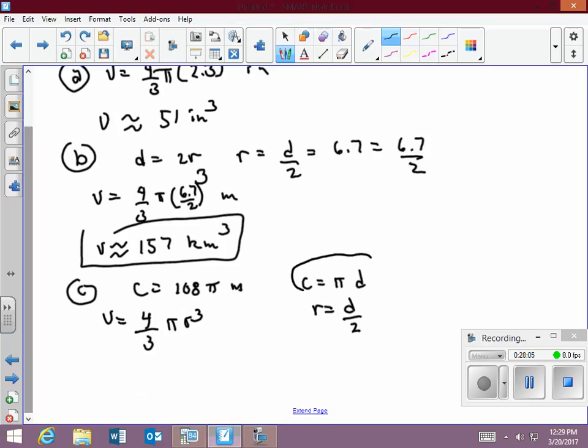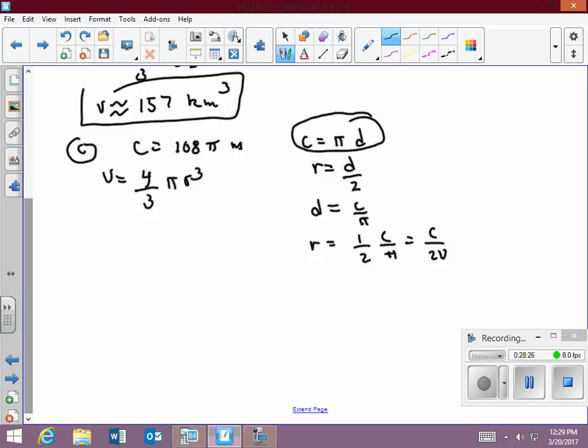So we could solve it for diameter: diameter equals circumference over pi, and the radius is going to equal 1/2 of circumference over pi, so circumference over 2 pi. But the circumference is 108 pi, so 108 pi over 2 pi. So that's 54.